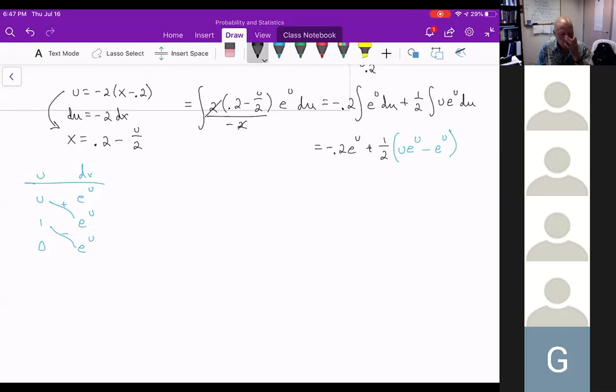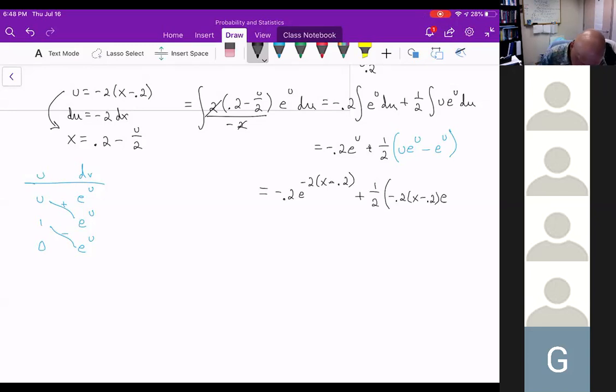It's at this point where I would substitute back in for u, which is, let's see, -0.2 e to the -2 x minus 0.2, plus 1/2 times -0.2 x minus 0.2 e.